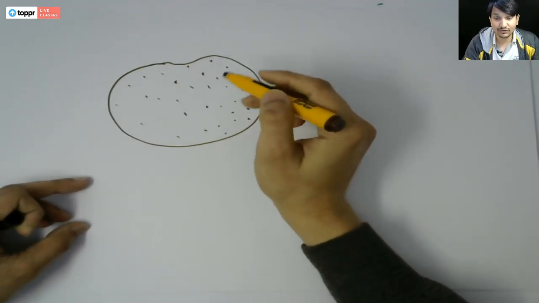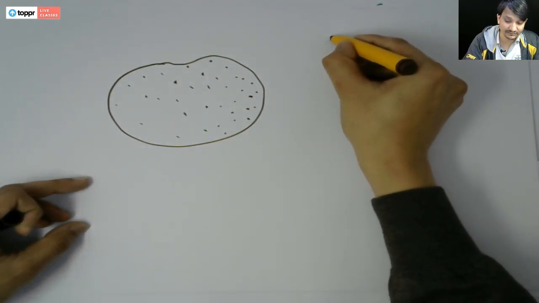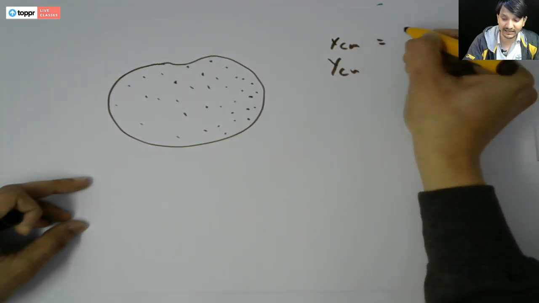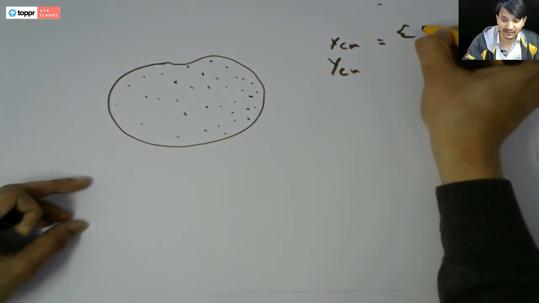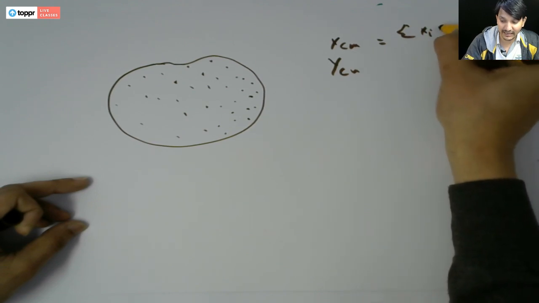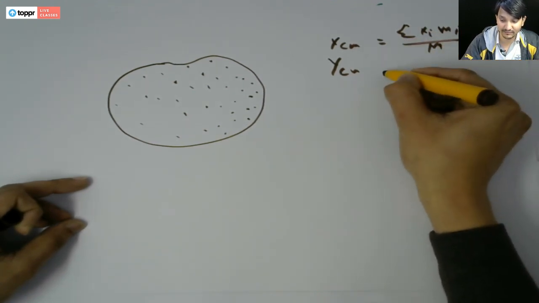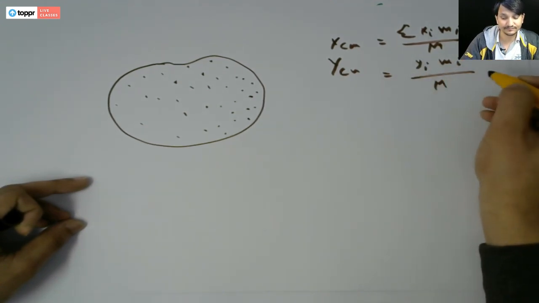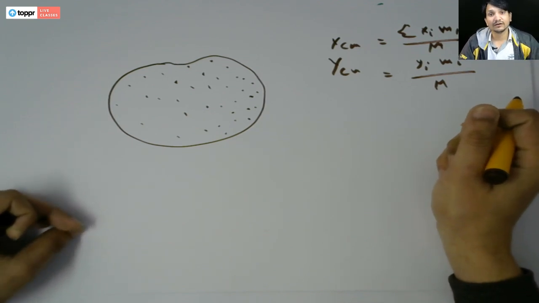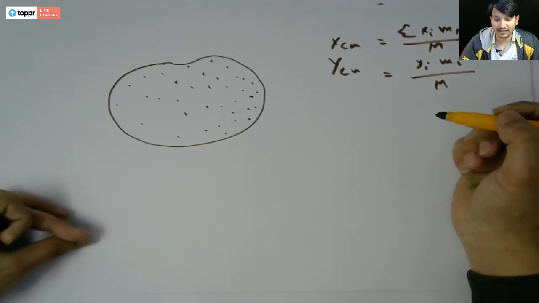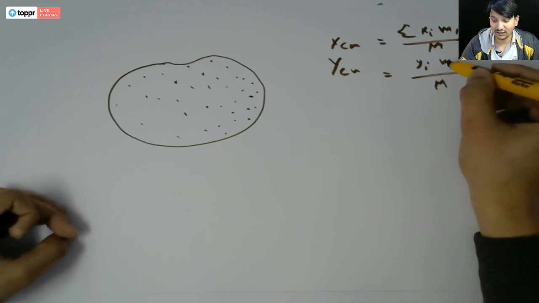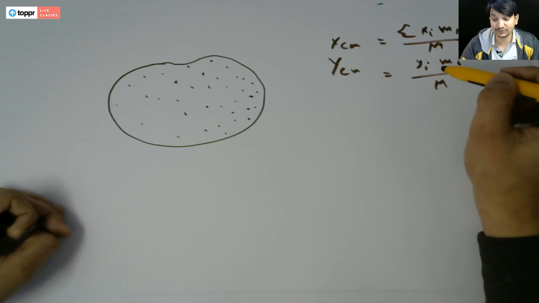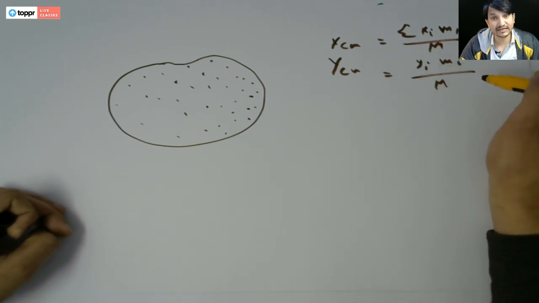But can we go on and apply that formula, xcm and ycm as summation of xi mi divided by M and yi mi divided by M? No. Why? Because we don't know the location of each point. We don't have the capacity to carry out that much calculation.